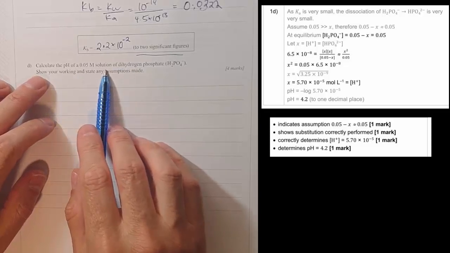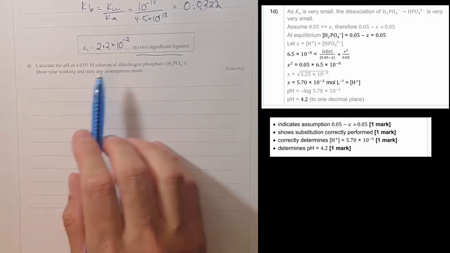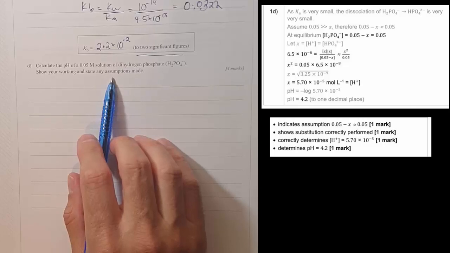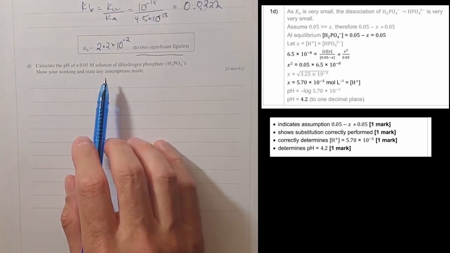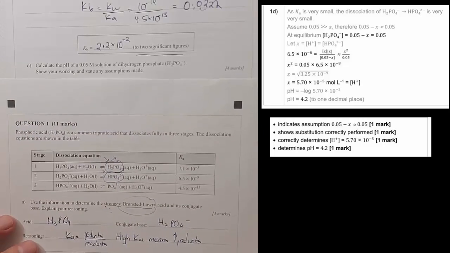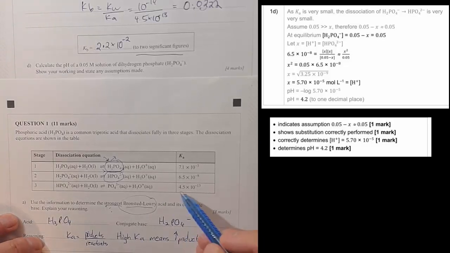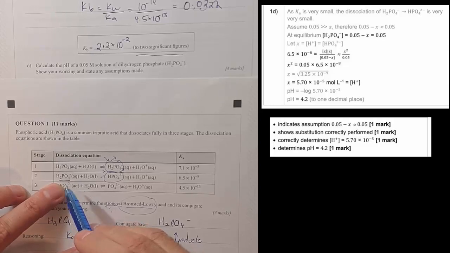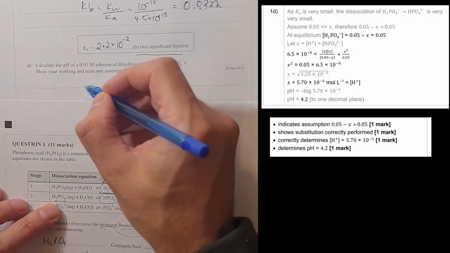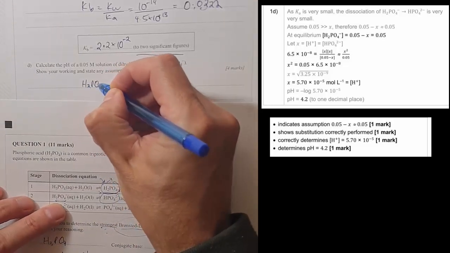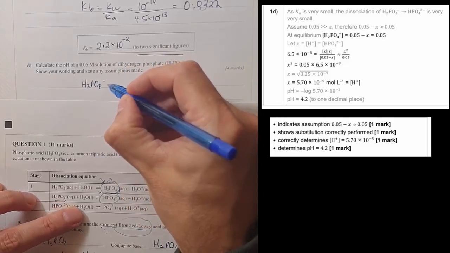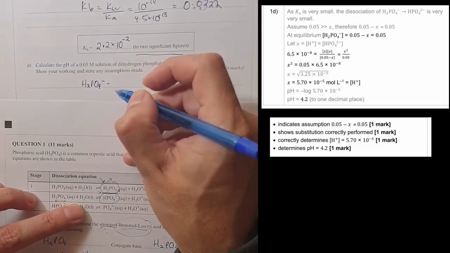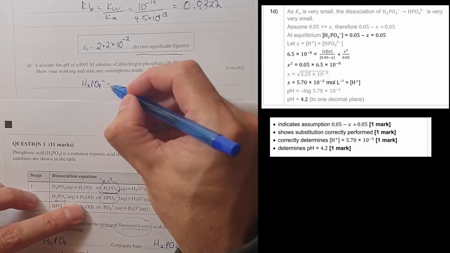Calculate the pH of this concentration of that. Show your working and state any assumptions. So for this one here, it's this substance here. So I think I should write that equation out, so I know what's going on. Always write out your equations. Now this is a Ka, so I don't need the H2O.